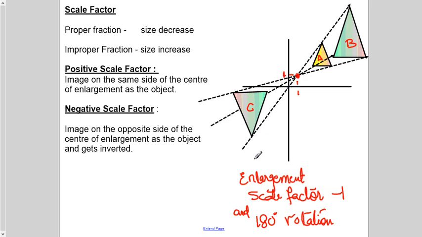Now, very important thing, another, if the transformation question is talking about enlargement with the scale factor -1 or 180-degree rotation, they are the same thing, right? But you can see this object, when it is enlarged by scale factor -1, minus means it will come on the other side of the center of enlargement. Size is same, but it is inverted.